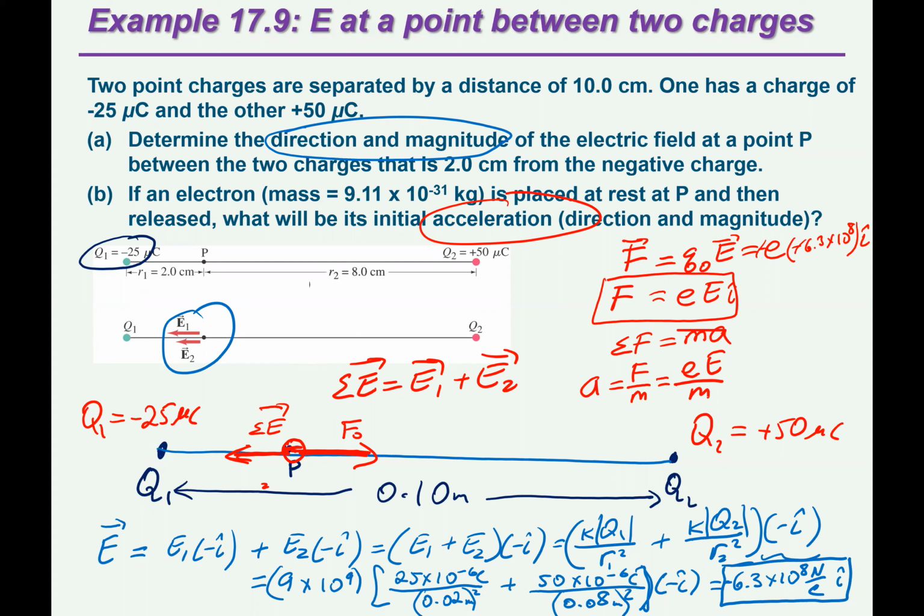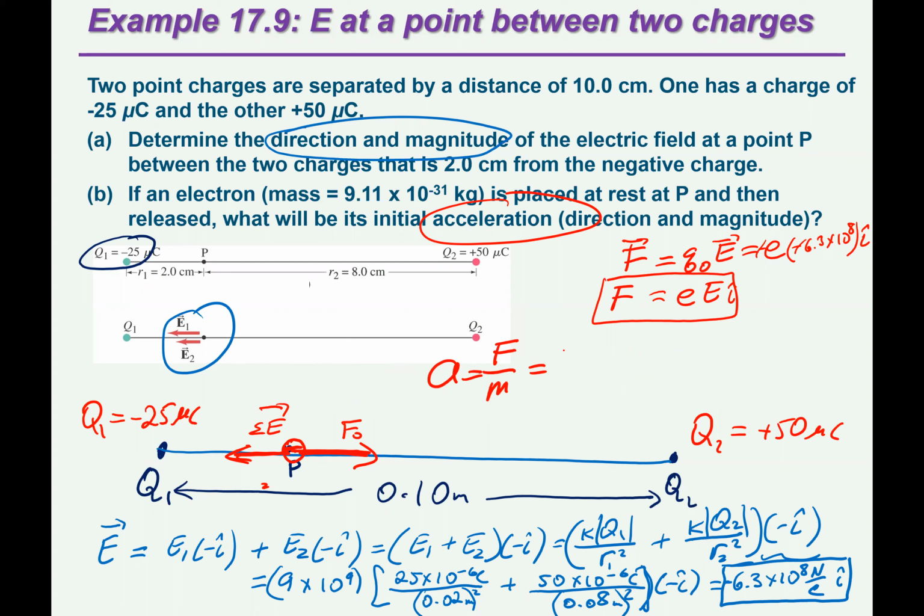I'm kind of running out of room, but let me clean this here and put it there. So acceleration equals force over mass, which is electric charge times electric field divided by the mass.